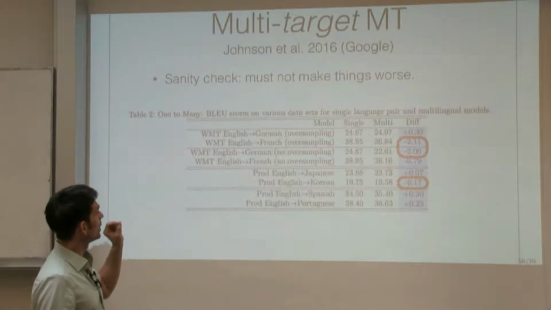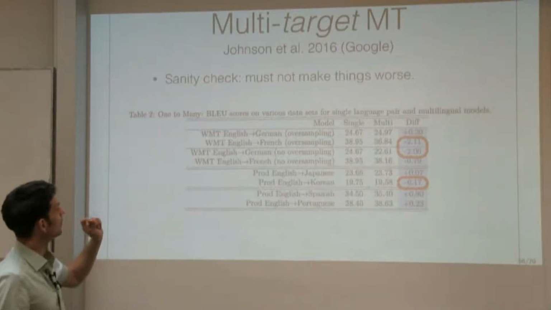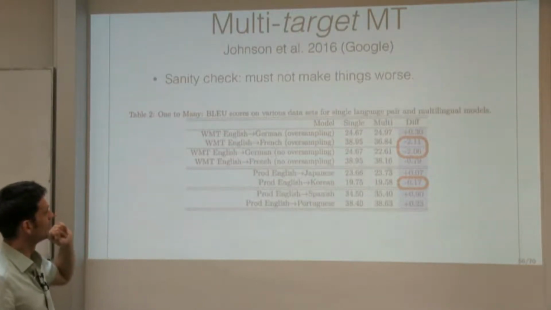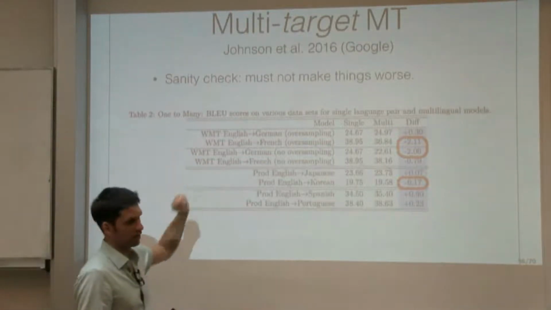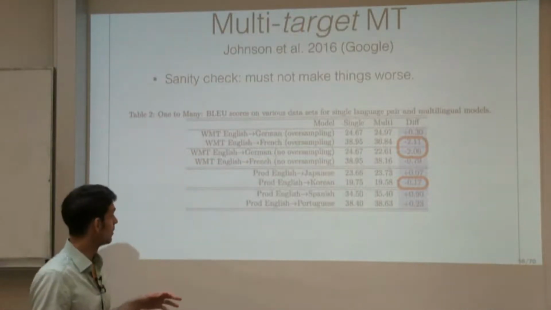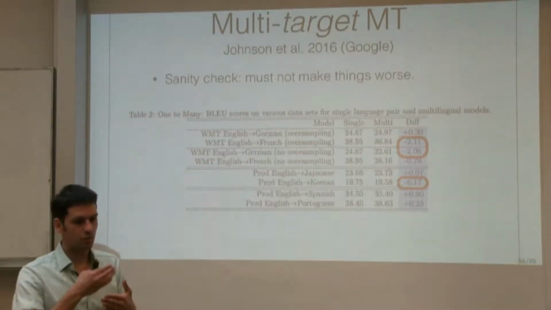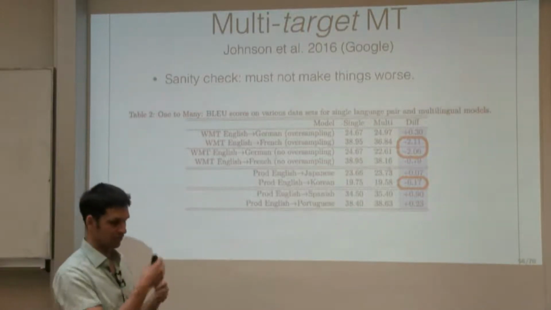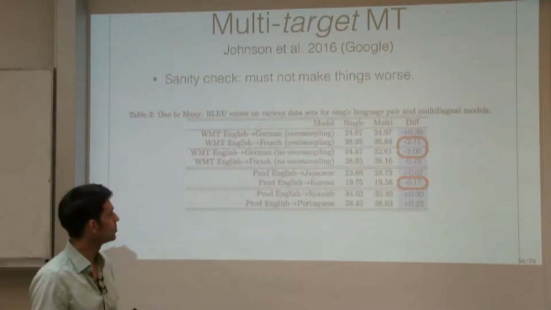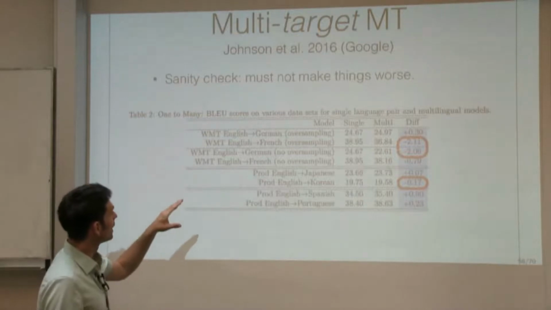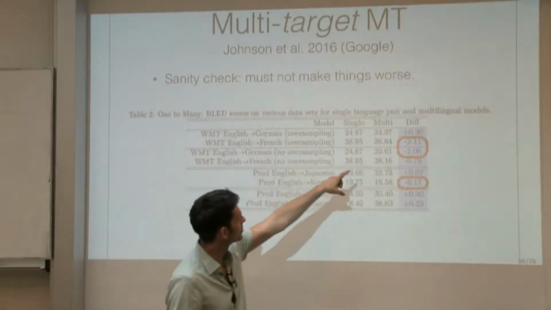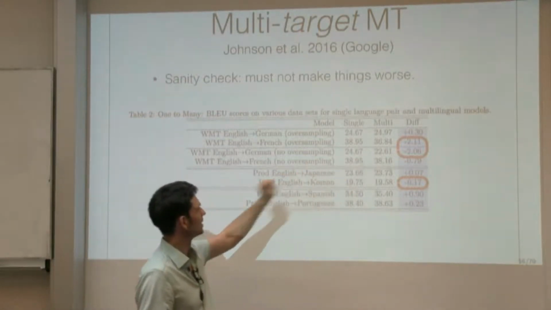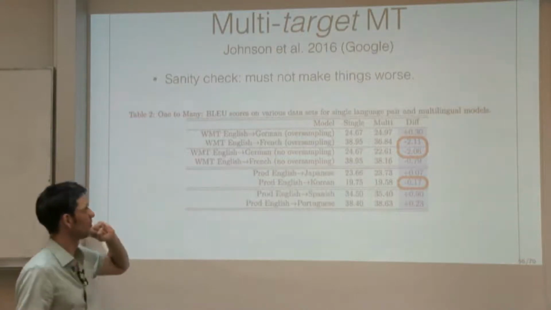But when we do the other direction, when we try to create this multilingual system to actually produce the non-English, the non-common language in the setup, then sometimes it helps, and sometimes it significantly decreases the performance.